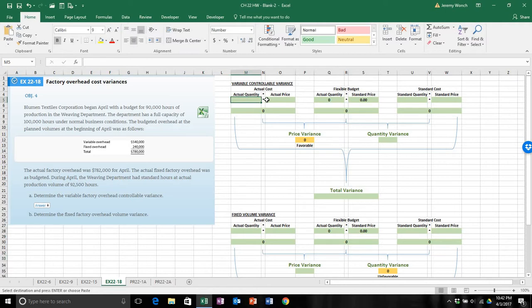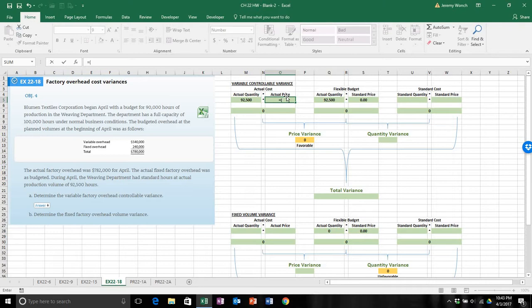So we can plug our actual quantity in. The actual quantity was 92,500. For the actual price, it wants the actual price per hour. So we have total hours here, and we want the price per hour.